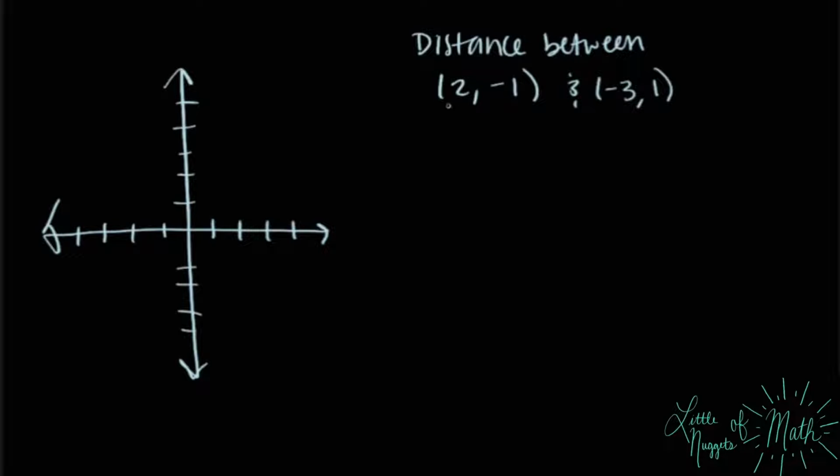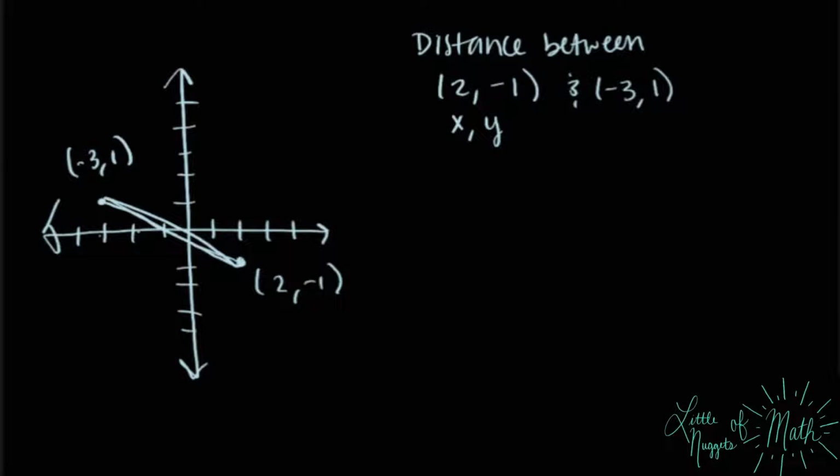If we start with (2, -1), remember that it's always x, y. And so we'll go to the right 2 and down 1 for our coordinate here. (-3, 1) is to the left 3 and up 1. And what we're trying to do is find the distance between those 2 points.